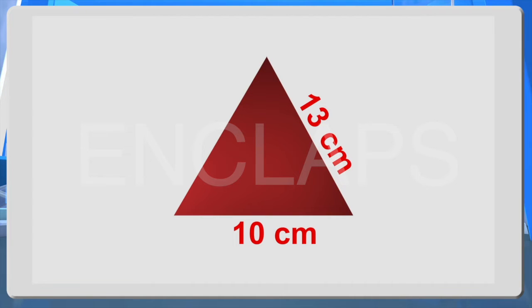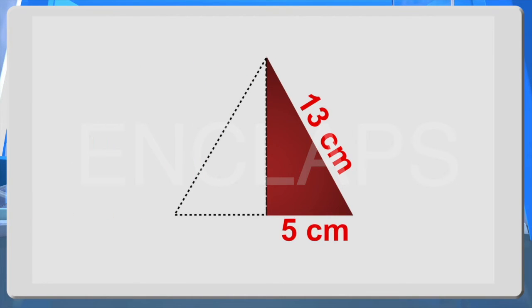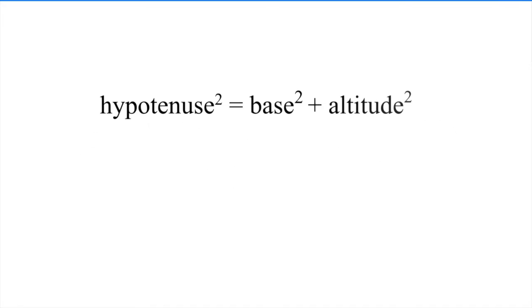What about the triangles? The area of a triangle is half the product of its base and height, isn't it? That is, if base is taken as b and height is taken as h, then the area is equal to half bh. For that, we need the height of the triangle. Since the triangle is isosceles, this altitude bisects the base. So, using Pythagoras theorem, hypotenuse square is equal to base square plus altitude square.